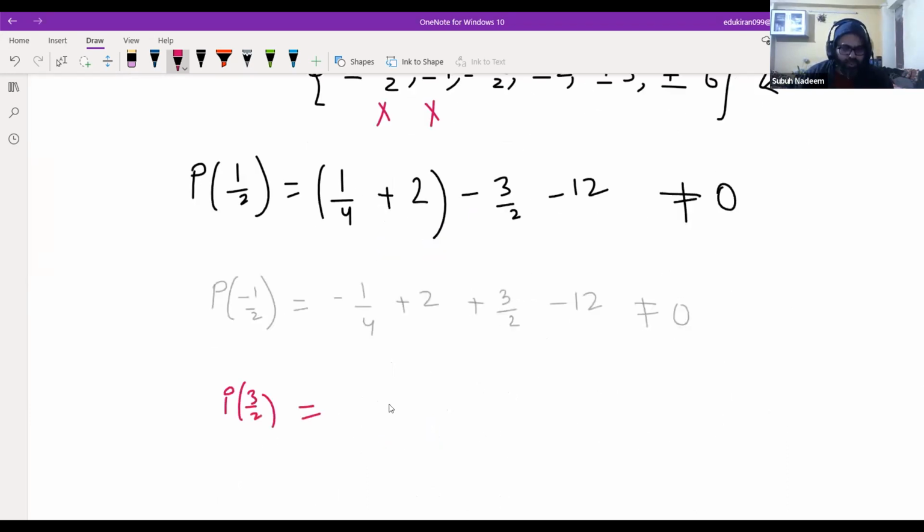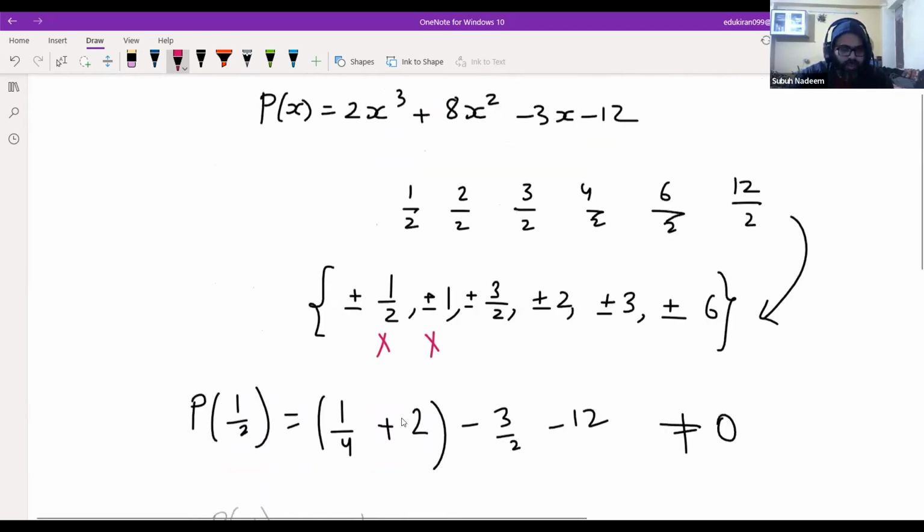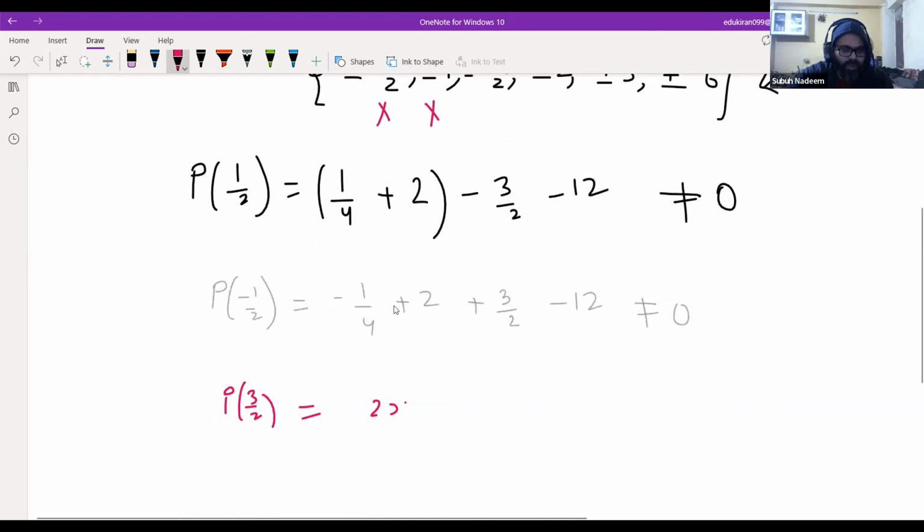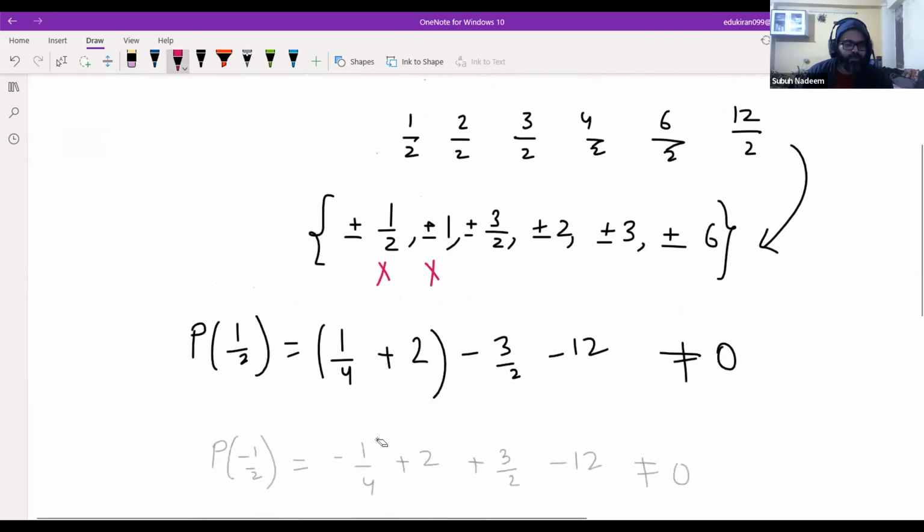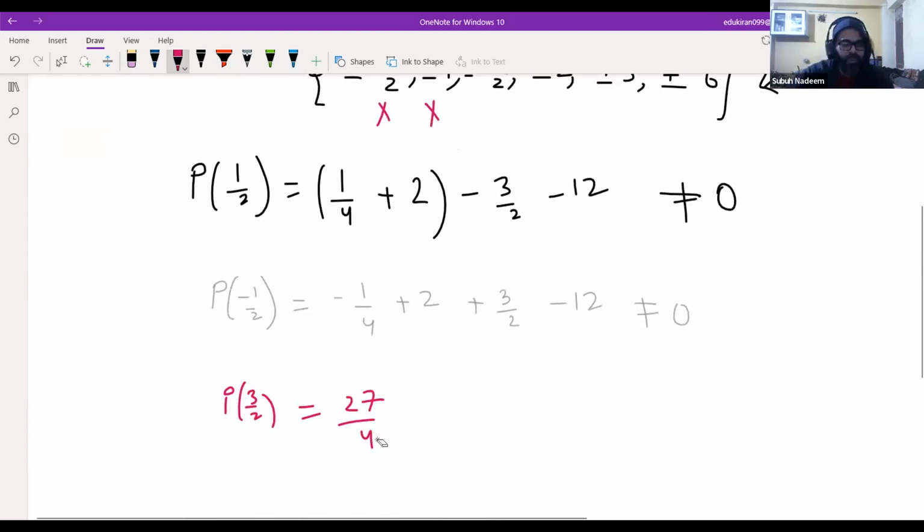It is 2x cube, so it will be 2 into x cube, that will be 27 by 4. Then it will be plus 8x square, so 8x square will be 9 into 2, 18.